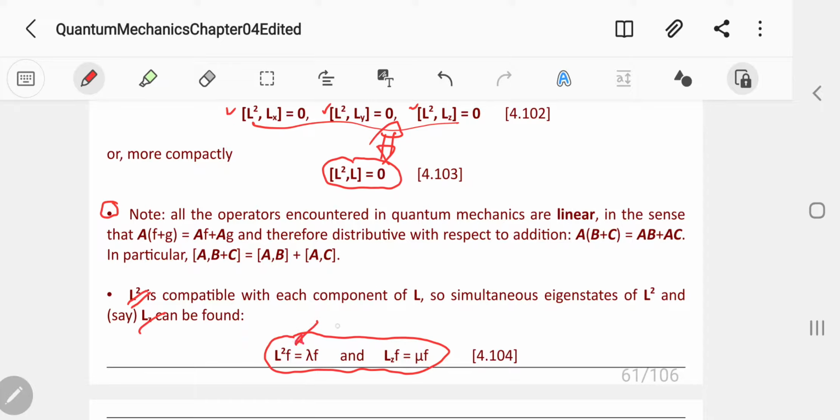You have eigenstate f here with an eigenvalue lambda, and eigenstate f also here, with an eigenvalue mu. So you can find simultaneous eigenstates f with different eigenvalues. They're compatible.